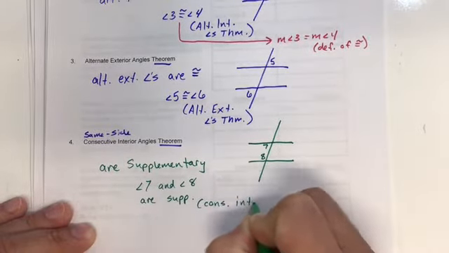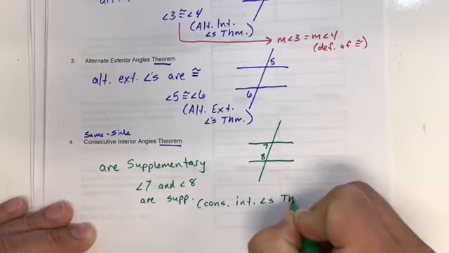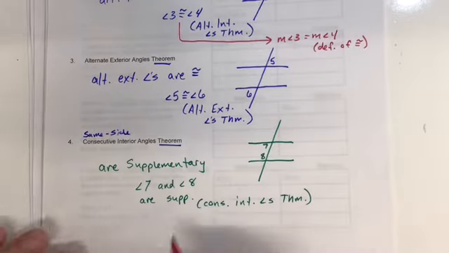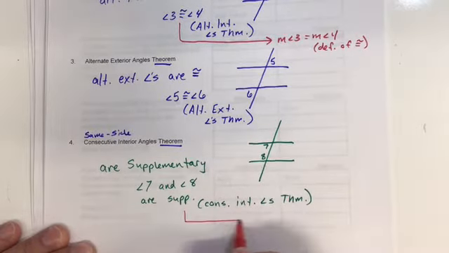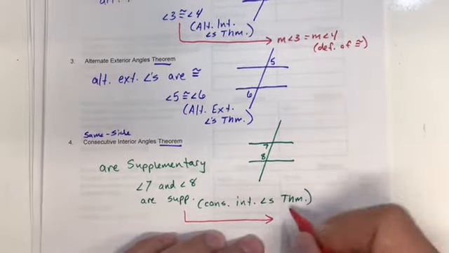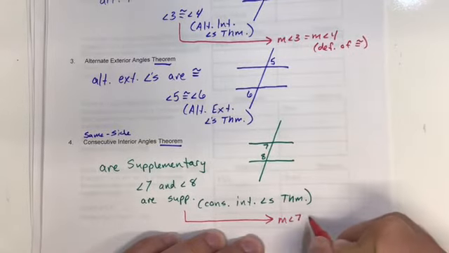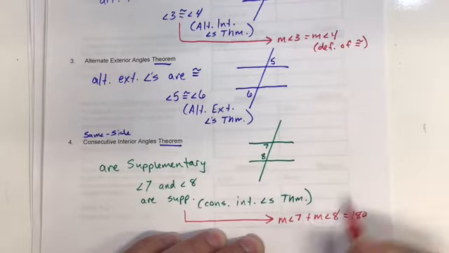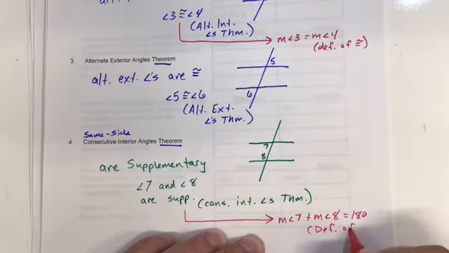consecutive interior angles theorem. Then if I wanted to actually use an equation, my next line of my proof would be the measure of angle 7 plus the measure of angle 8 equals 180, and the reason for that is the definition of supplementary.